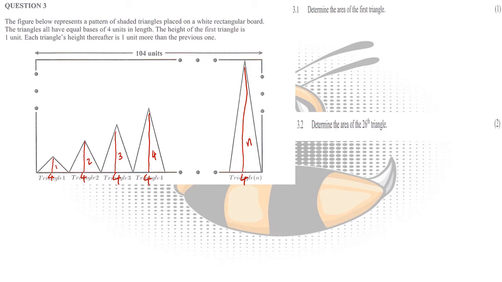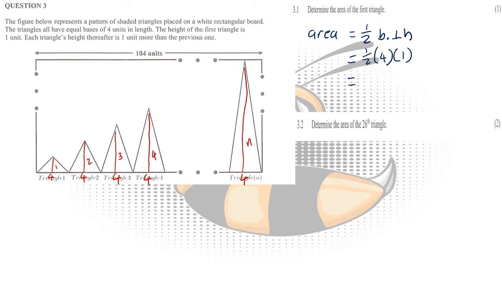Now again, this is where you have to remember that to calculate the area of a triangle, we simply take half of the base times the perpendicular height. Now for the first triangle, like with all the other triangles in this question, the base would just be 4, and then the height in this case would be 1.